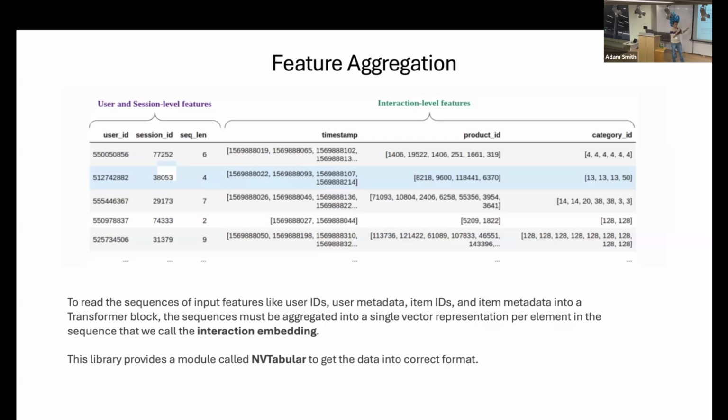If you are interested only in a particular session's interactions, you can stitch your sequence on session ID as well. Sequence length is just the sequence of the products which the customer has interacted with, then the timestamp, the product ID and the category ID, and then you can have multiple features which you are interested in. So you first convert the data into this particular format, and then you can pass it to the transformer.